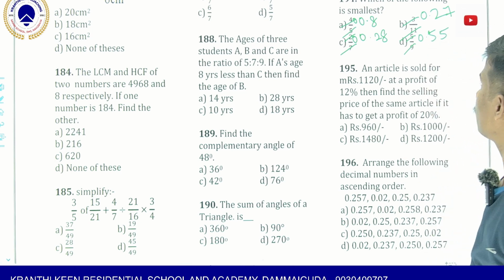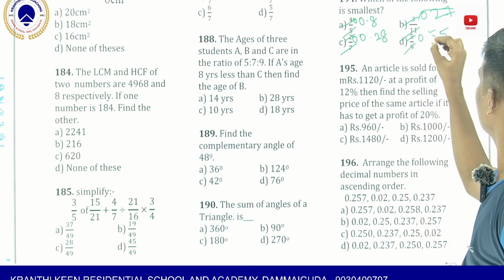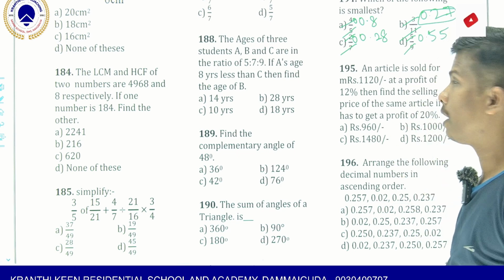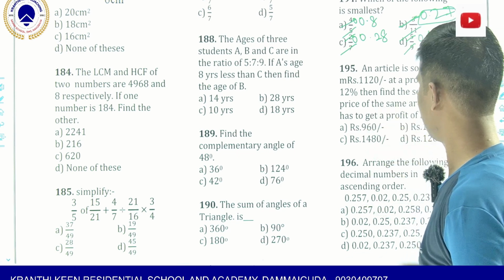And among these, which one is the smallest? 0.27, no? Therefore, we get the option as B.